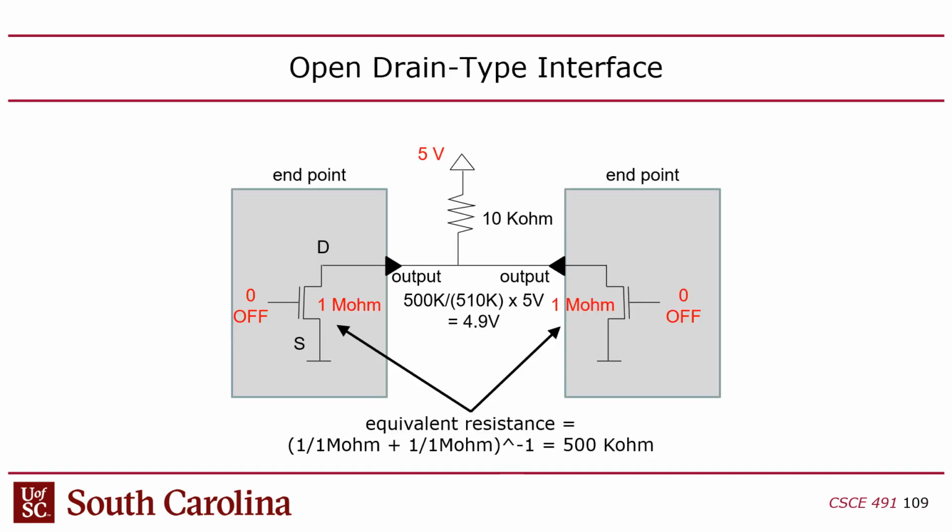A much better way to approach this is called an open drain type interface. An open drain is where you get rid of the pull-up transistor. That way, each chip is only capable of shorting its output pin to ground or not, right? Making it essentially high impedance. But then you have a resistor connected to the wire up to VDD.